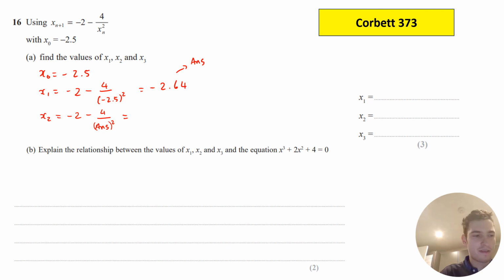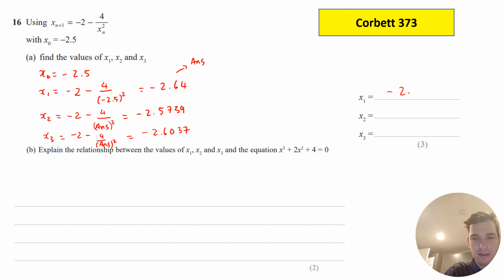And that's going to give you your next value, which is minus 2.5739. And if you just press equals again, it will give you your next one. x3 equals minus 2 minus 4 over answer squared. And that gives you x3. So I can write those values on my answer line. So minus 2.64. And I can write down my other values.